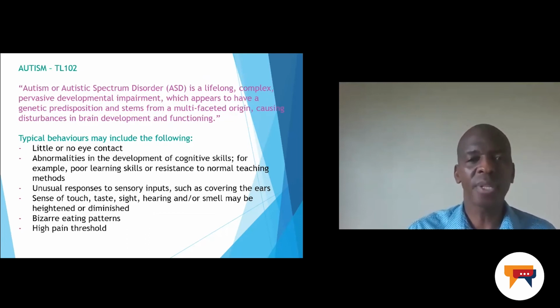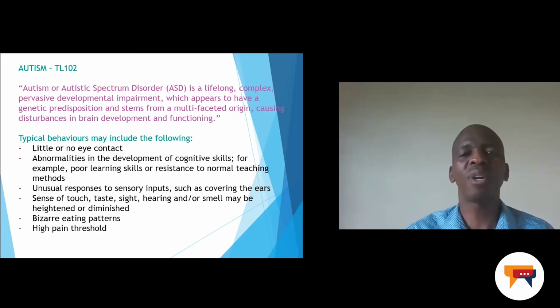So in other words, don't just discard them and treat them like outcasts, to say, because they are having these problems, they don't belong in my class. They belong in a special school. Do something, try these support measures first.